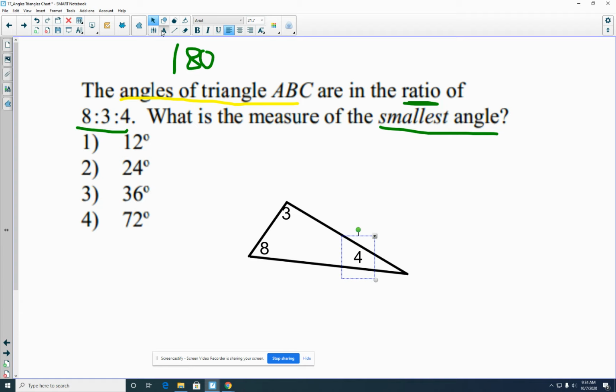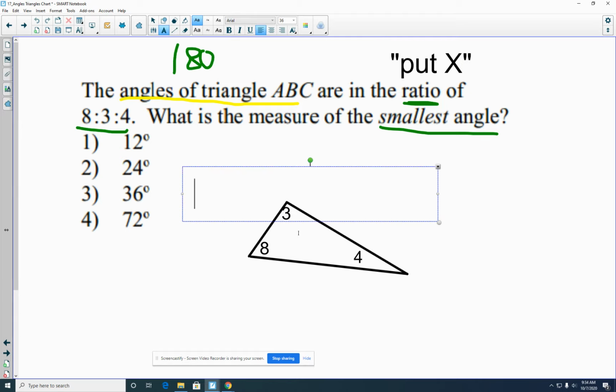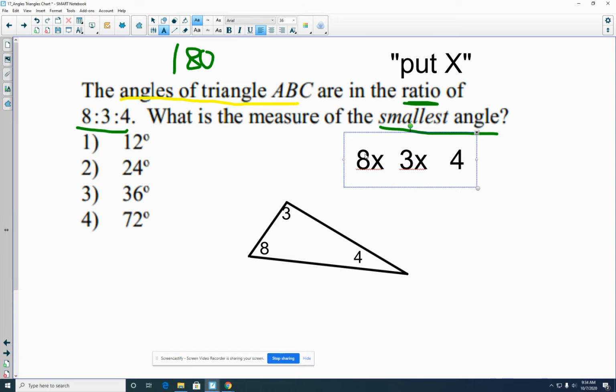So in our class, whenever you see the term ratio, you should be thinking to put an X next to each one of those numbers. So what I really have here now is 8x, 3x, and 4x.